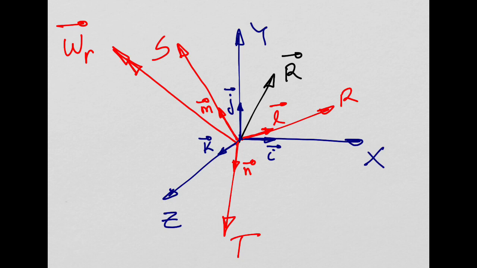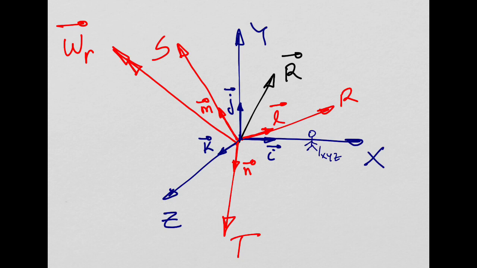Right, so let's look at L dot, okay? And I'm going to introduce here two observers. One observer that is attached to this frame in blue. I will call this the XYZ observer.